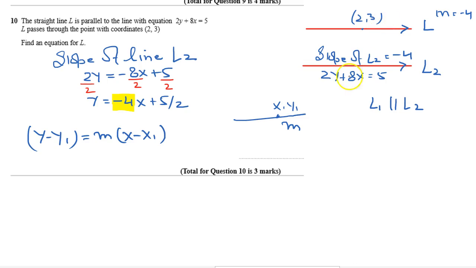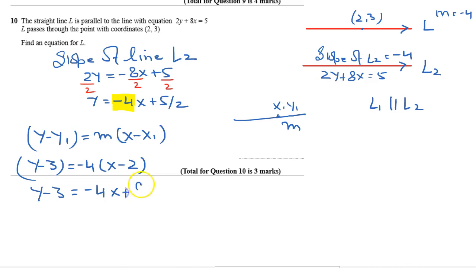Now x1 is 2 and y1 is 3, so y minus 3 is equal to minus 4 times (x minus 2). Y minus 3 is equal to minus 4x, we open this bracket, minus 4x and minus times minus, plus 8.